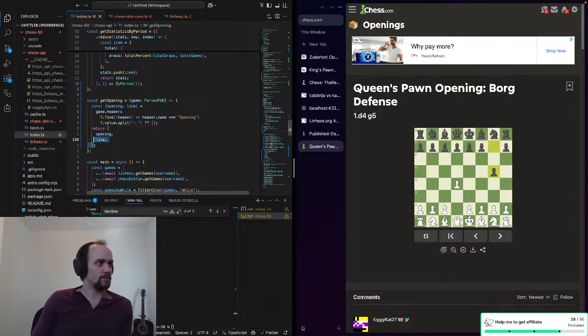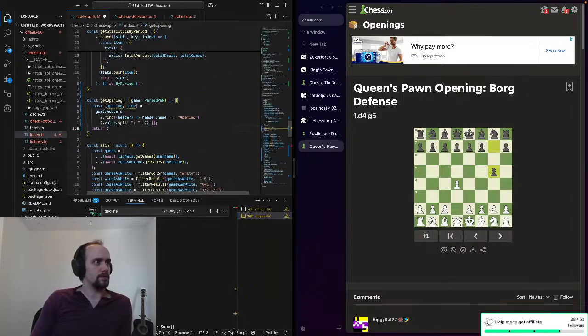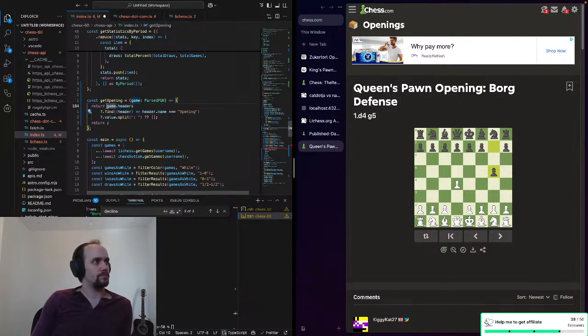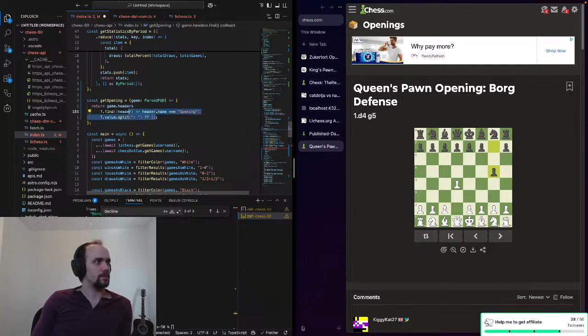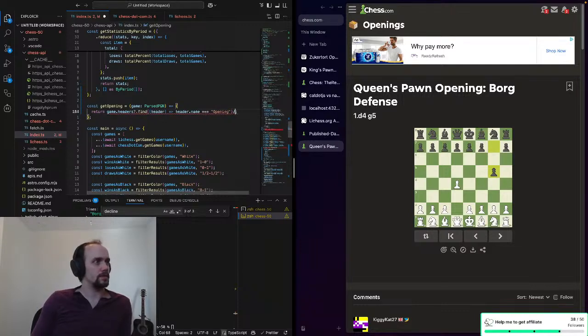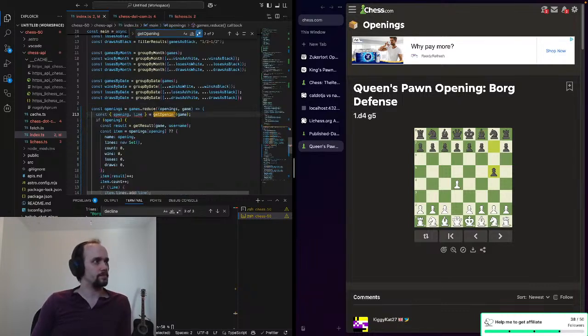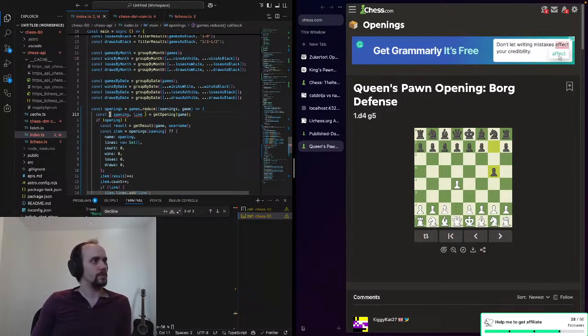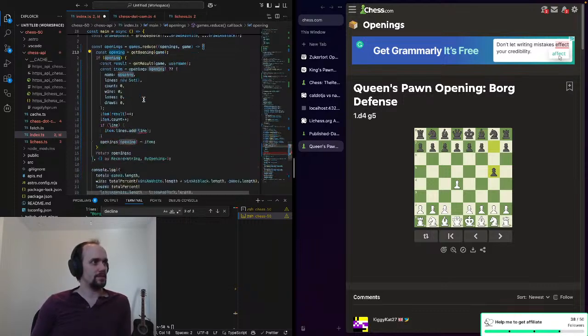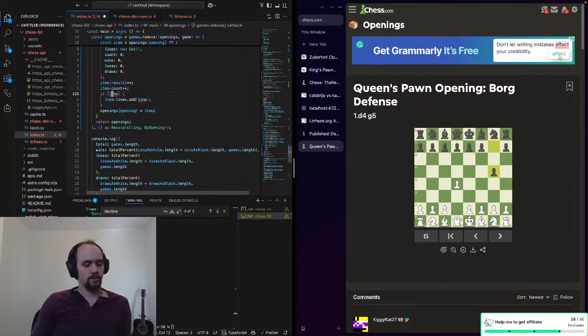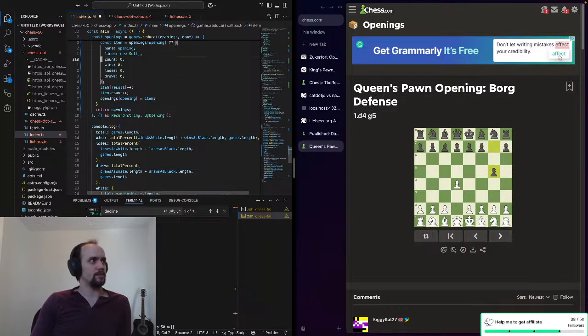We could just do no split dot value. We could say get opening. Do deletions, and then we could just be very specific about which things that we're failing on.